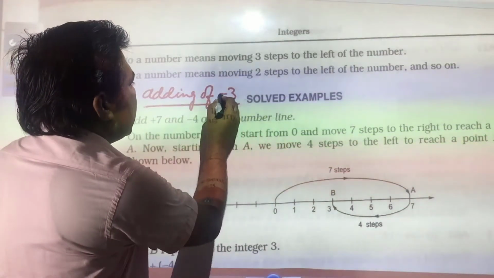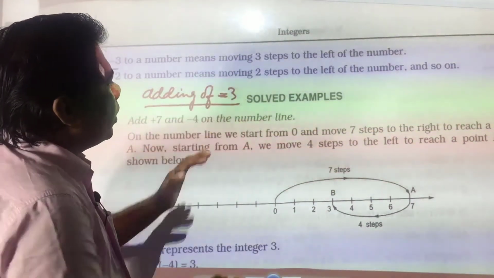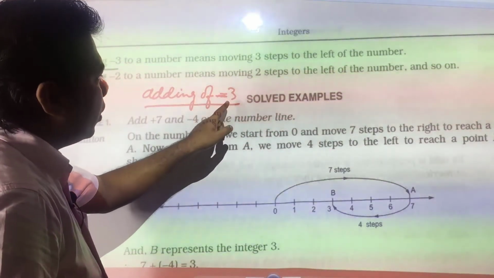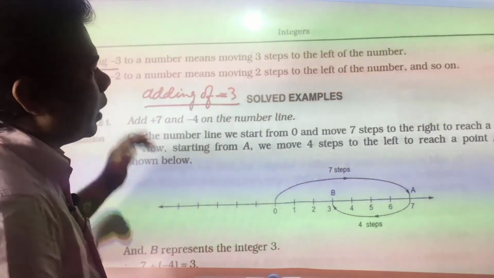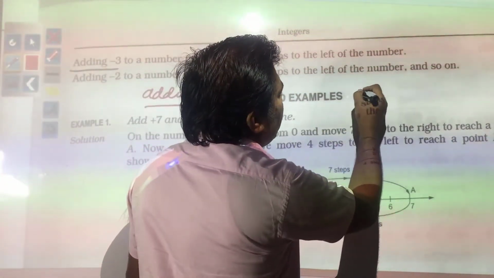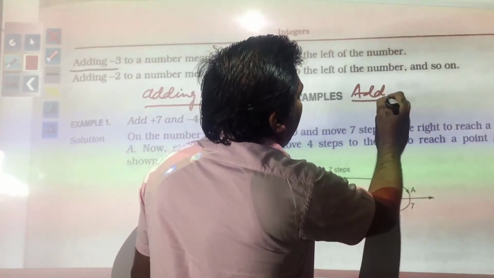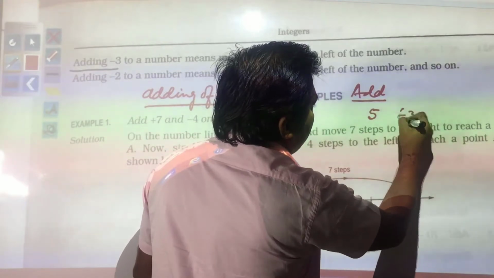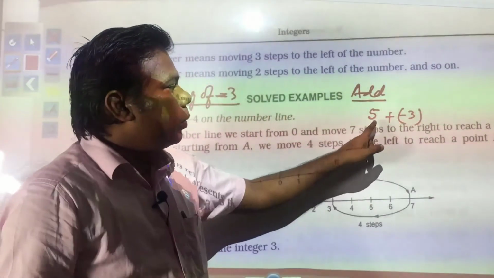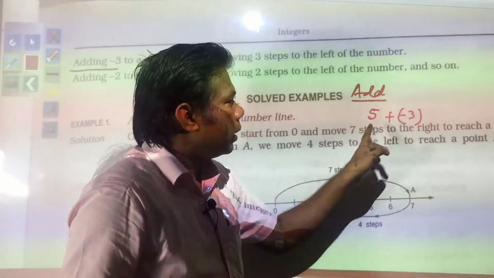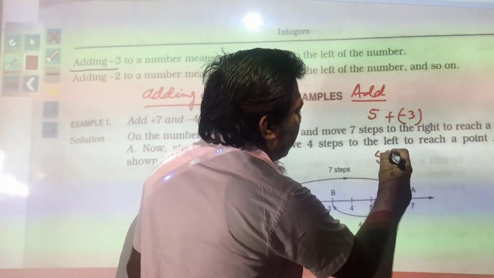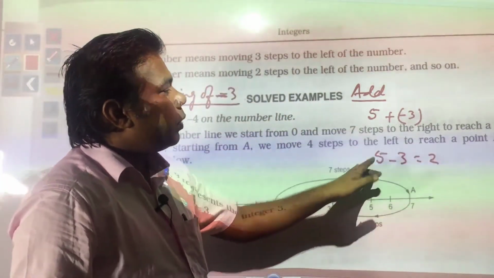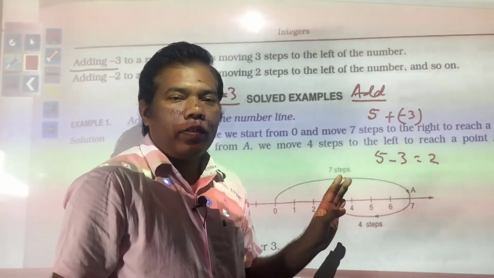If you are adding minus 3 to a number, it means you need to subtract 3 from the given number. Suppose you need to add 5 and minus 3. So, what will we do finally? 5 minus 3, it means we will get 2. It means finally 3 is getting subtracted from 5.